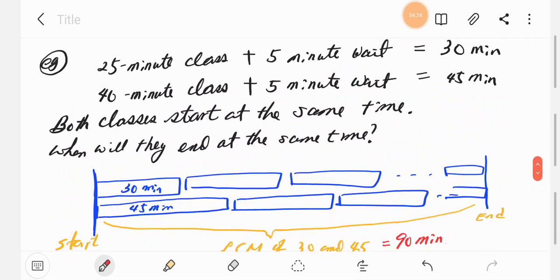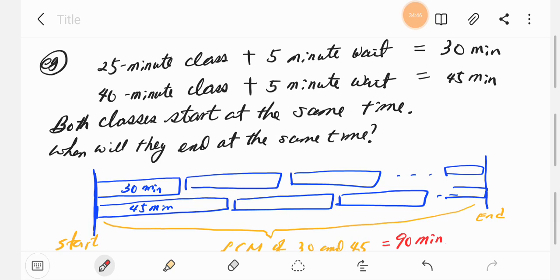All right. So if we are looking for a larger number between two numbers, then what do we do? We look for the LCM. If you are looking for a smaller number between two numbers, then we find the GCF, the greatest common factor.